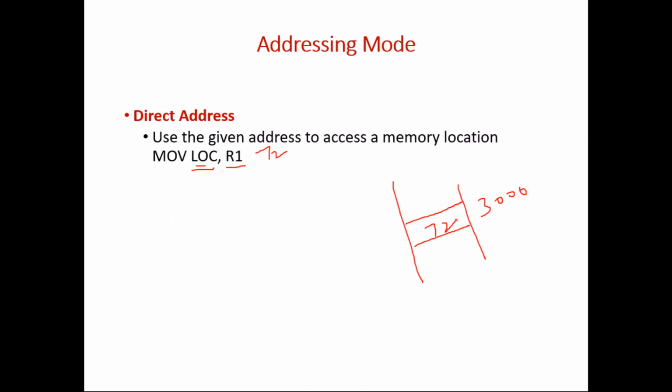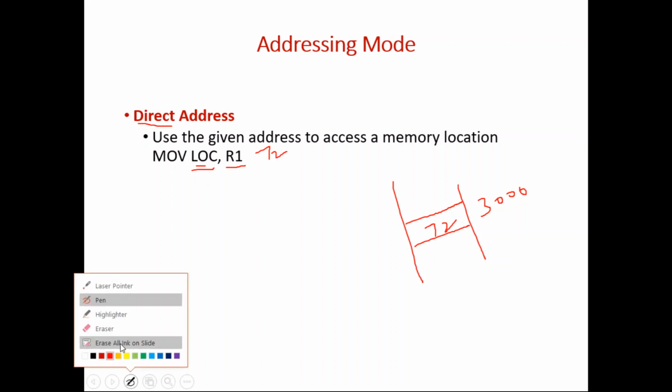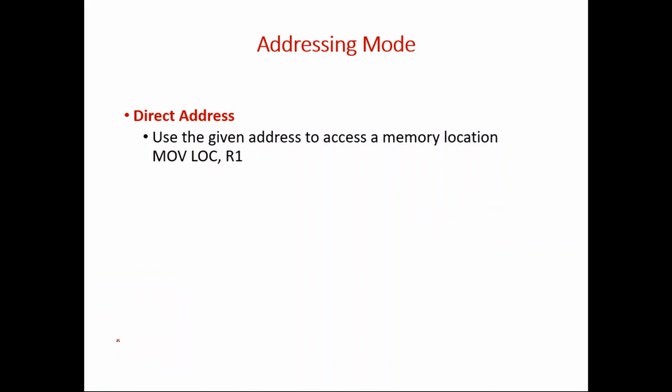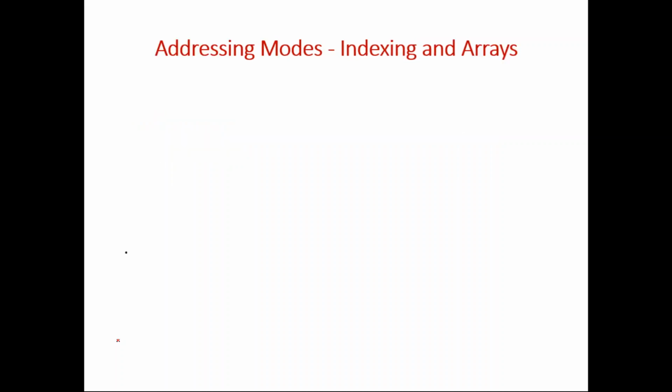So this is called direct addressing, because directly we are specifying the address. No indirect or nothing implicit. Whereas in the previous case, the address is represented through the registers. So that is called indirect addressing mode, right?